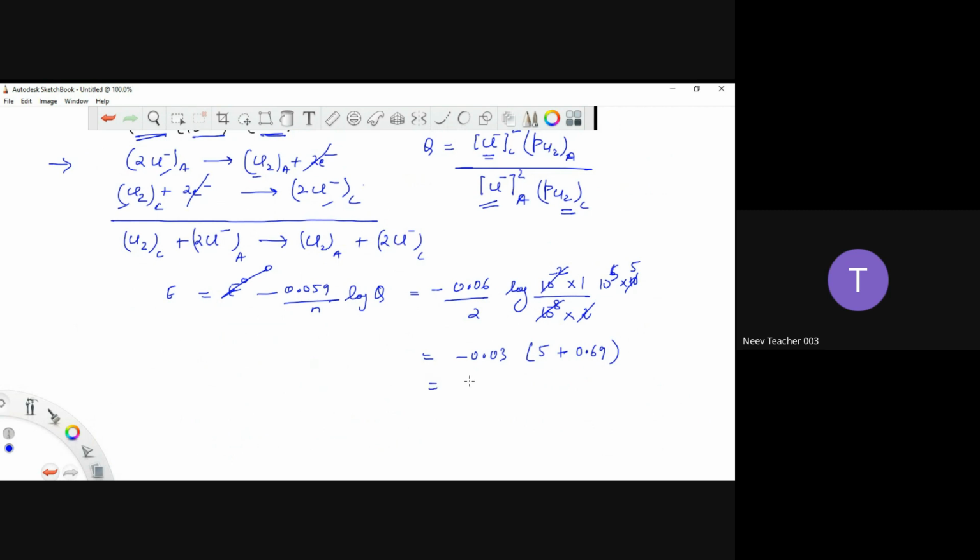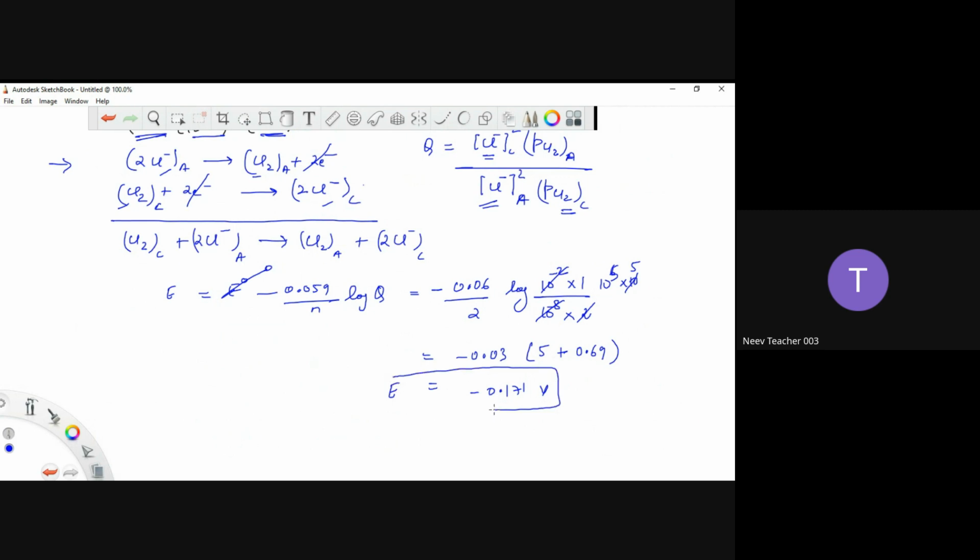So if you multiply this, how much value are you going to get? 5.7 you can take, right? And 3 times 5.7, 17.1 decimal. So that will be the value. That will be E cell of this.